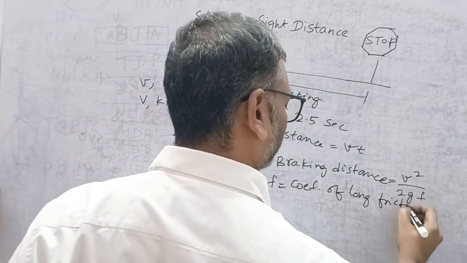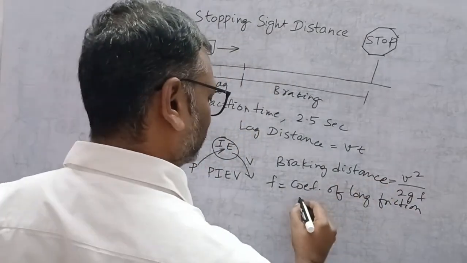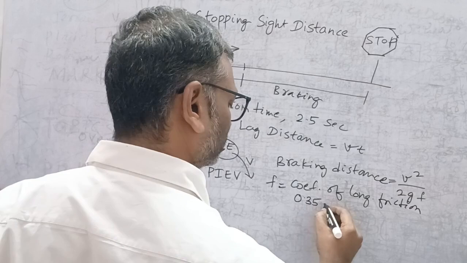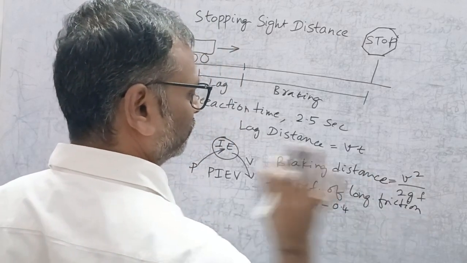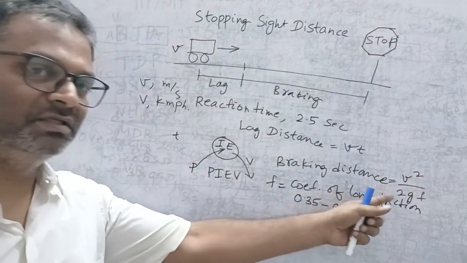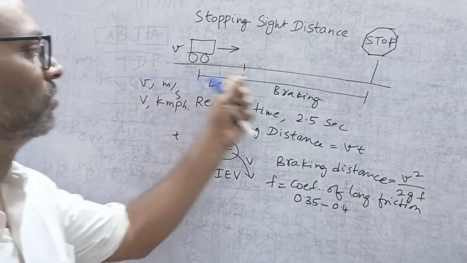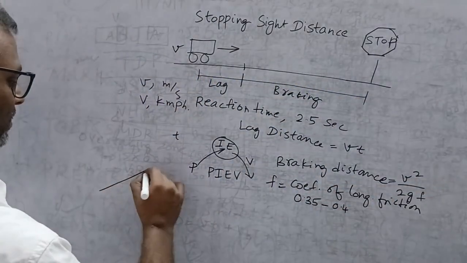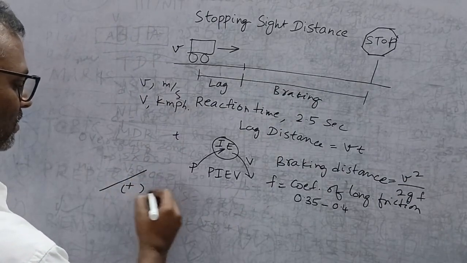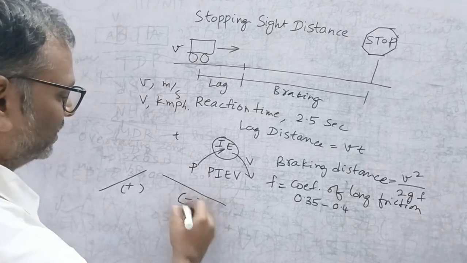Longitudinal friction, if data is not given, can be taken as between 0.35 and 0.4. And this is only when the road surface is straight, meaning there is no grade. It can be an ascending grade or the road can be in a descending grade.